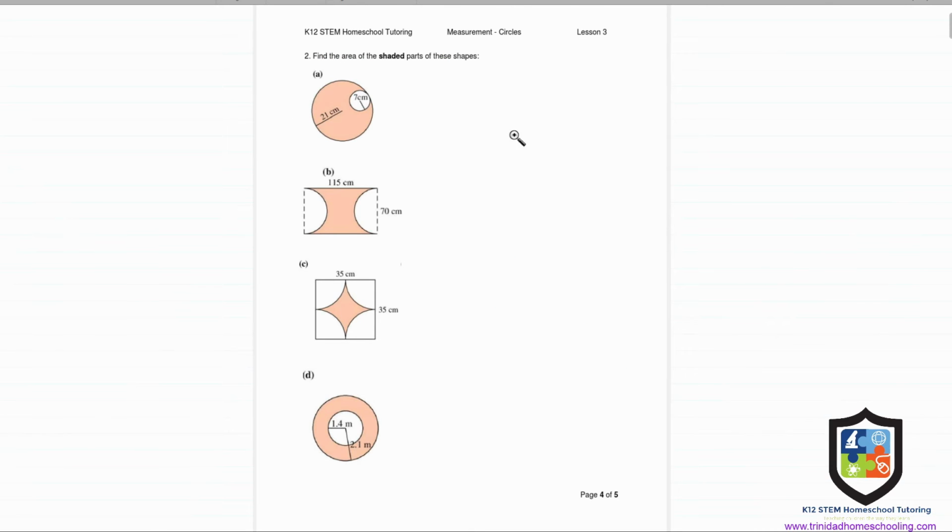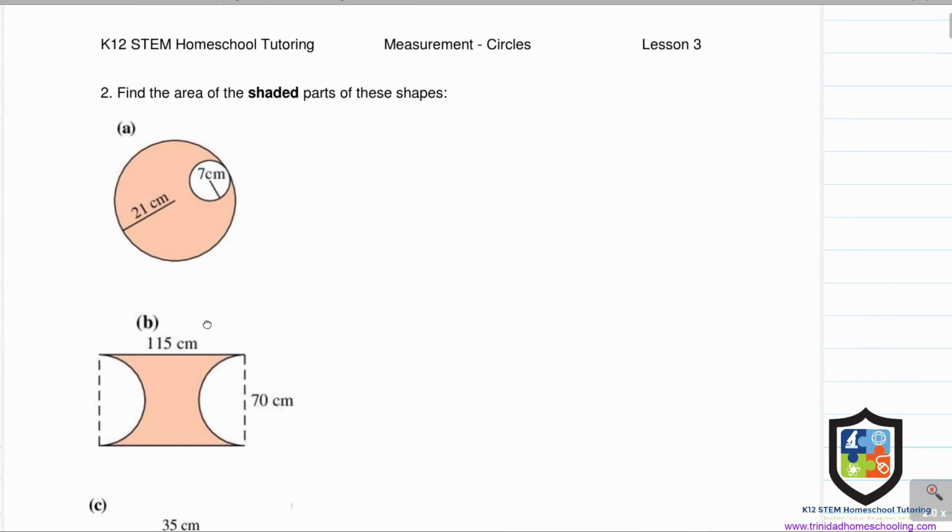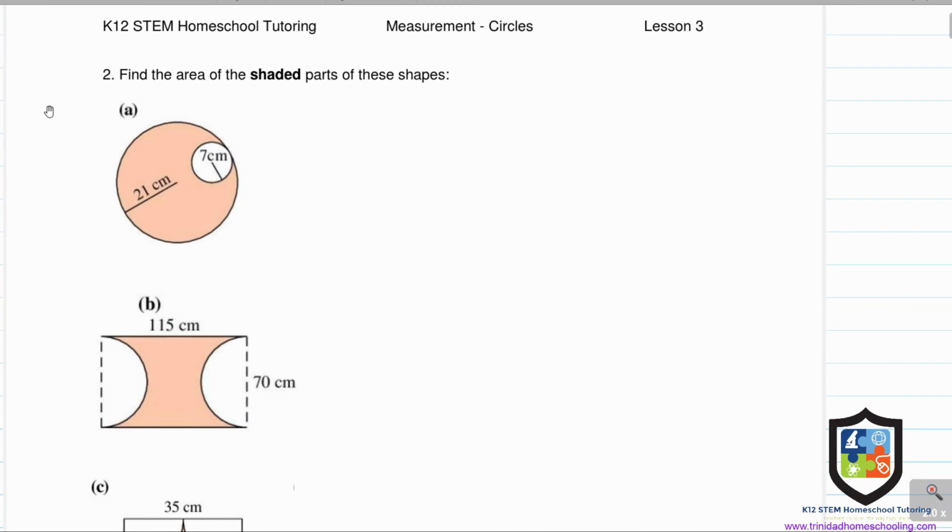Now we have to find the area of these lovely shapes here, but not the entire shape, just the area of the shaded parts. Now let's see what this shape here is made up of. It's made up of this larger circle and this smaller circle.